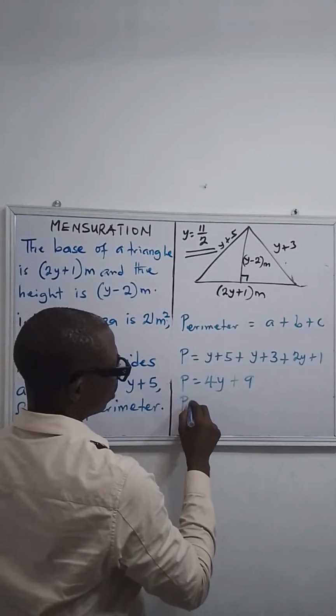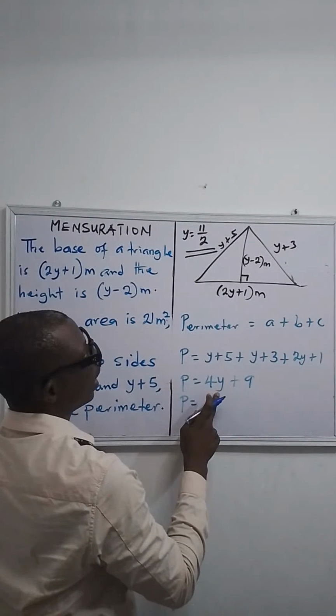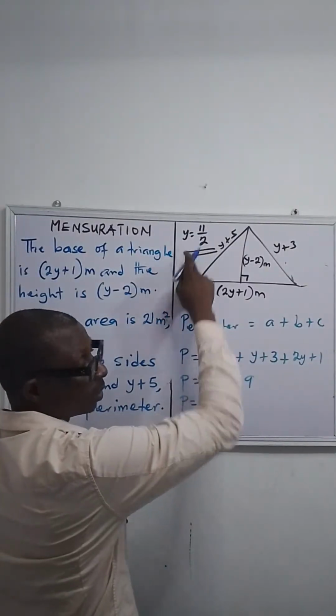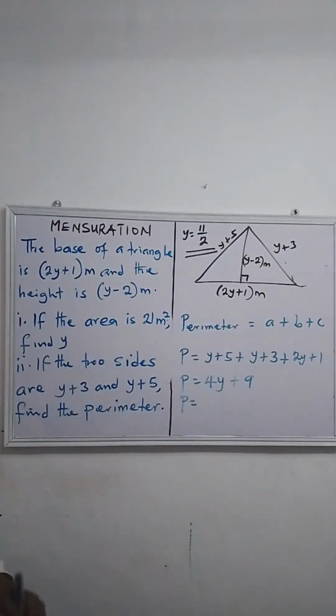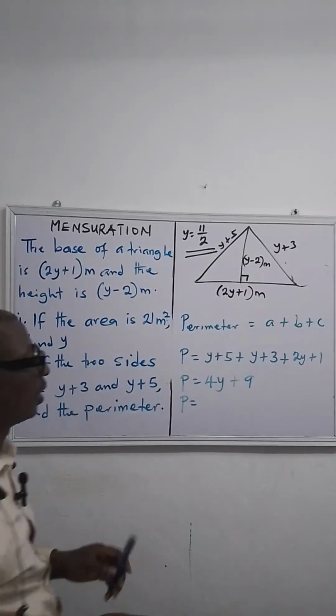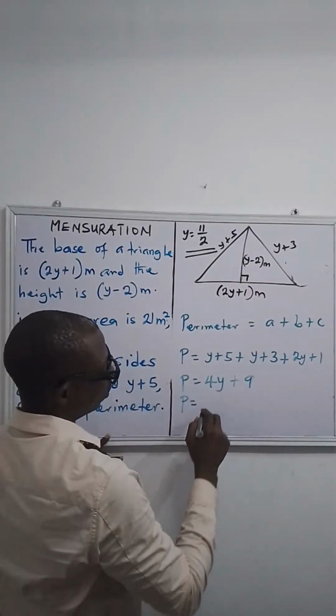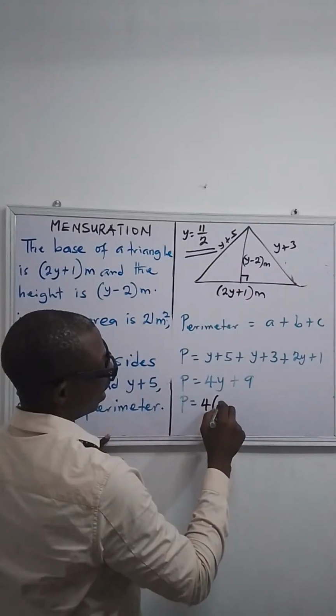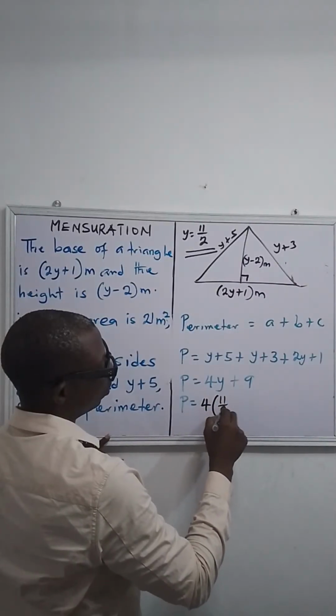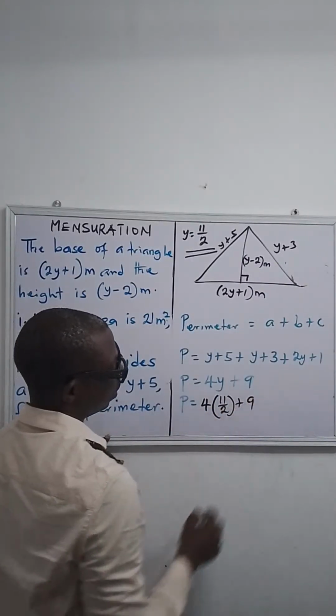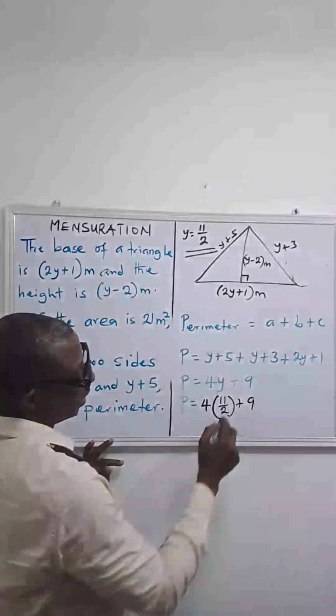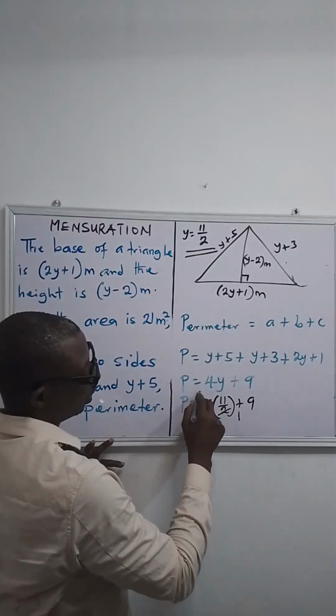Now to get the actual value of the perimeter, we have y to be 11 over 2. So let's plug in the value of y. That is 4 times 11 over 2 plus 9. Here 2 goes into 2 once, and 2 goes into 4 twice.